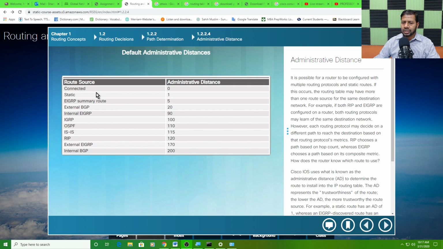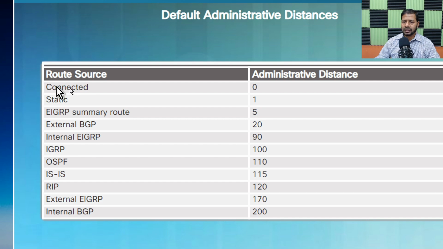If the route is learned because that destination network is directly connected to my router, then my router will say this is the most reliable, it's directly connected. If it is manually written, if the network administrator manually wrote down a route, then that one has an administrative distance of 1, and so on.